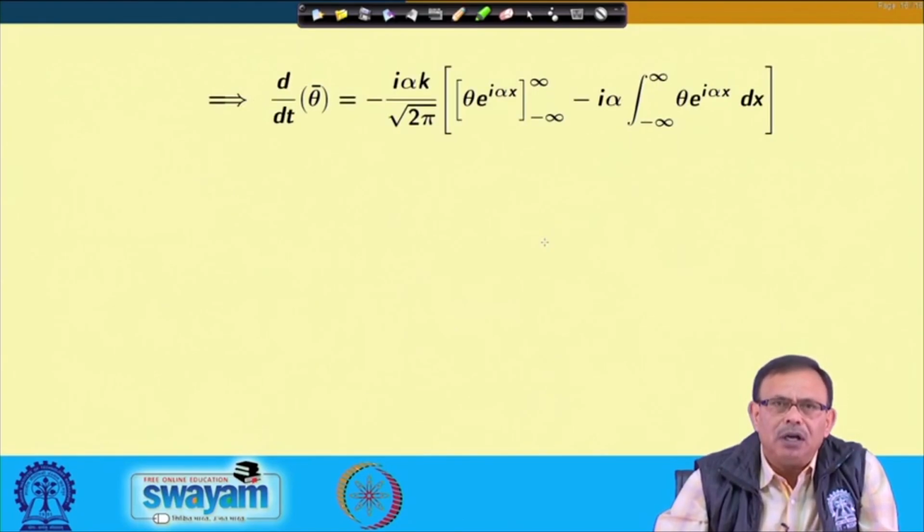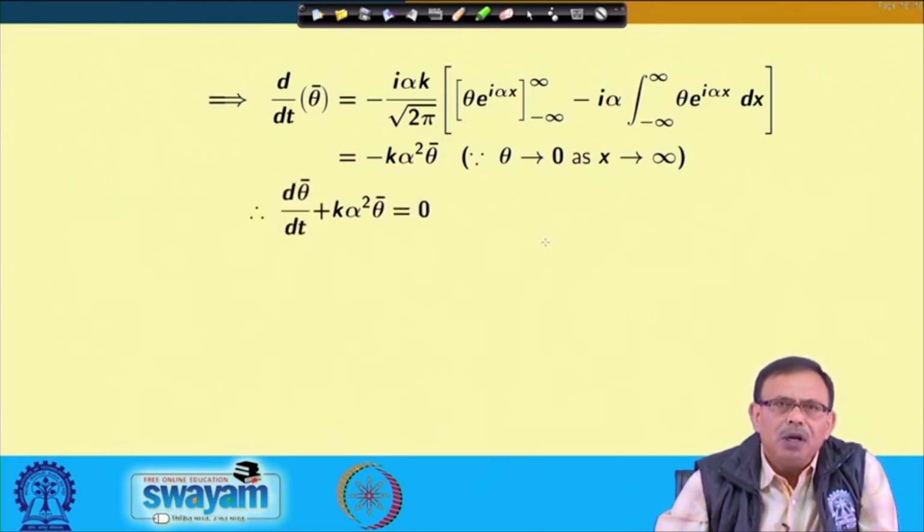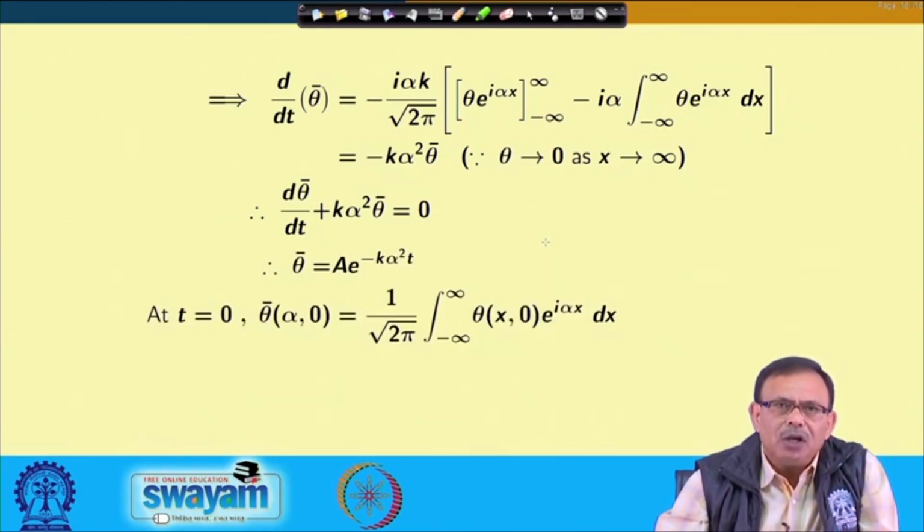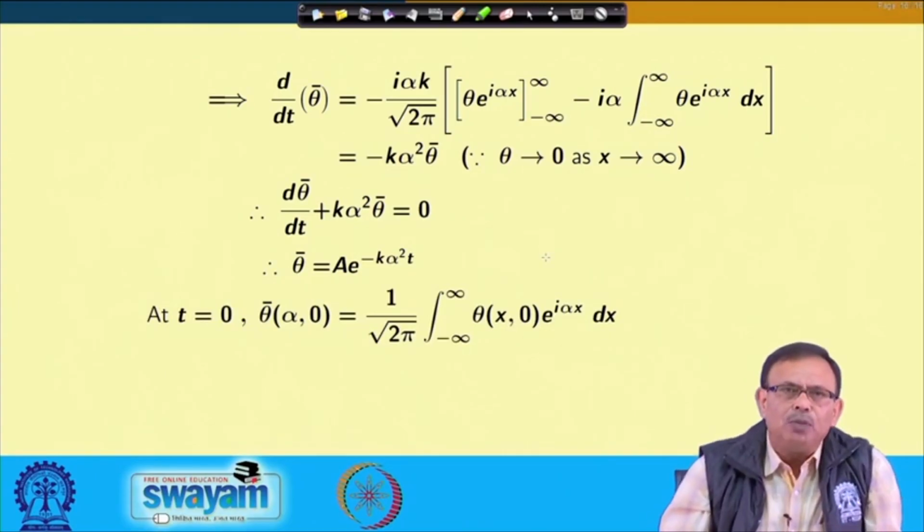Now, the second integral I evaluate again using integration by parts, and this ultimately becomes minus k alpha square theta bar, where theta approaches 0 as x approaches infinity is given to us. So I am getting a differential equation like this, whose solution is theta bar equals A e power minus k alpha square t. I have to find the value of A at t equals 0, theta bar alpha 0.